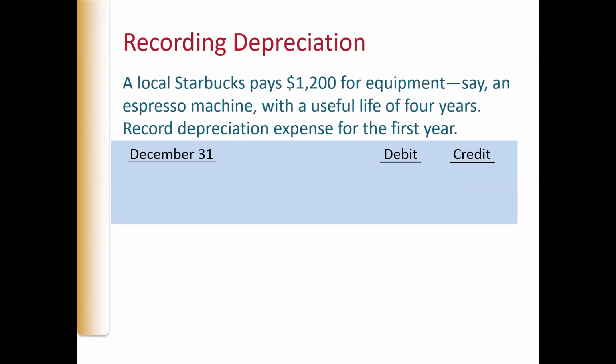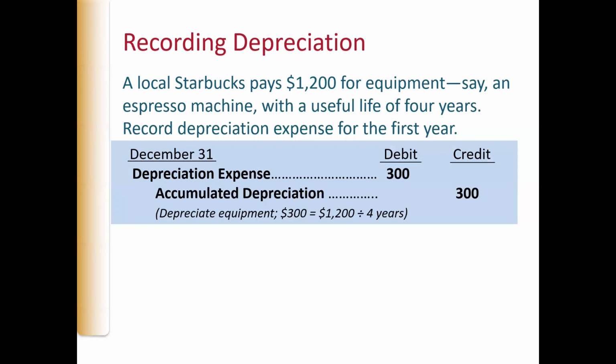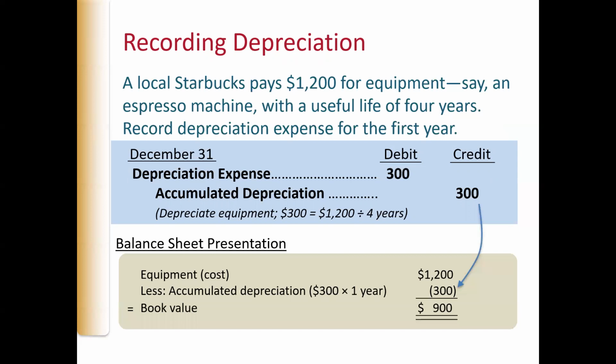To record the depreciation, we're going to take that $1,200 divided by 4 years, and we're going to take $300 of depreciation each year. So our depreciation expense gets debited, and our contra account, accumulated depreciation, is credited.